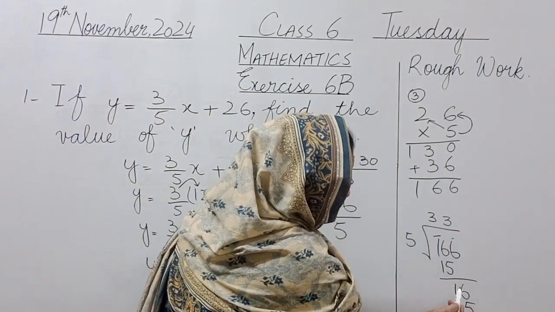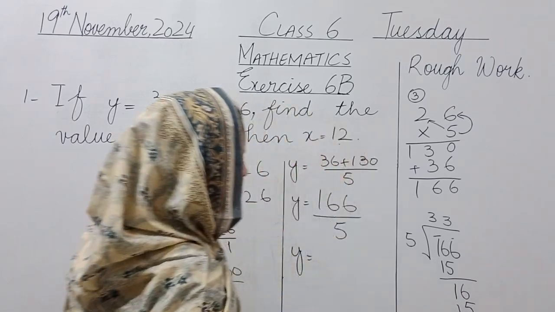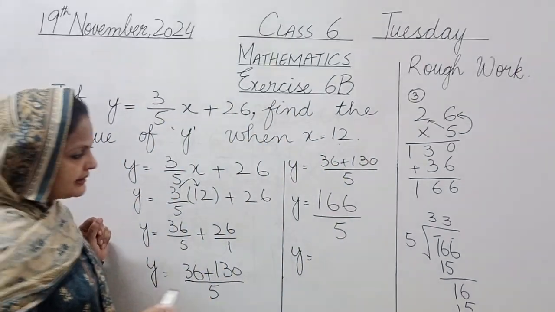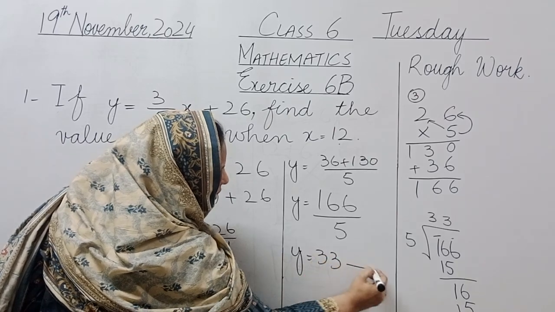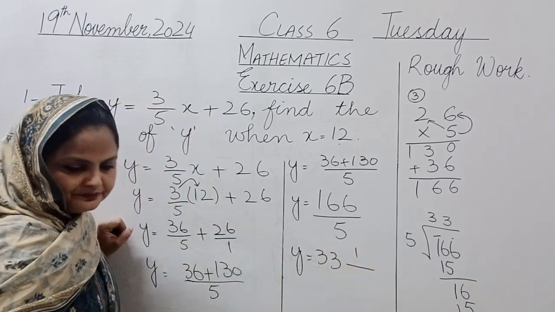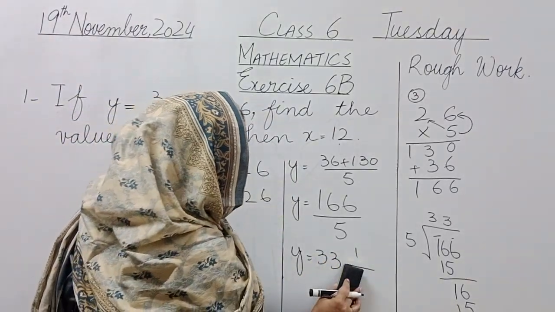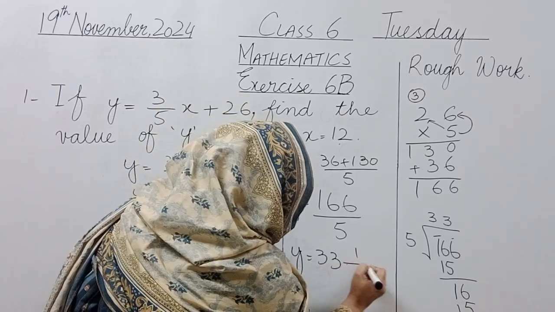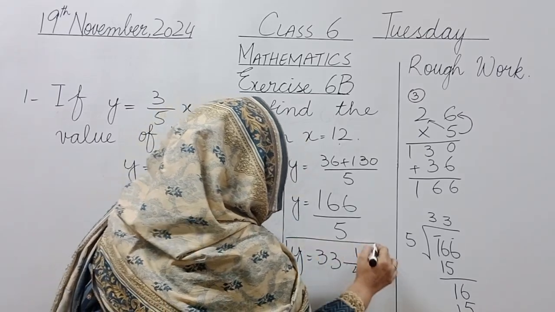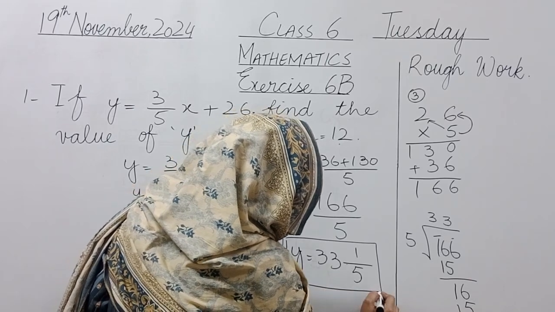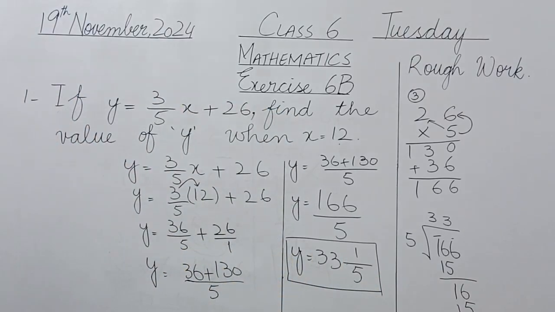And what is the remainder? 6 minus 5, 1. So the answer is 33 whole number 1 over 5. This is the answer.